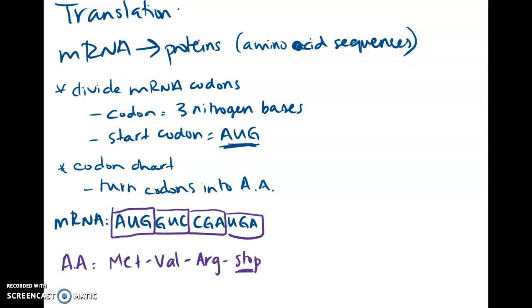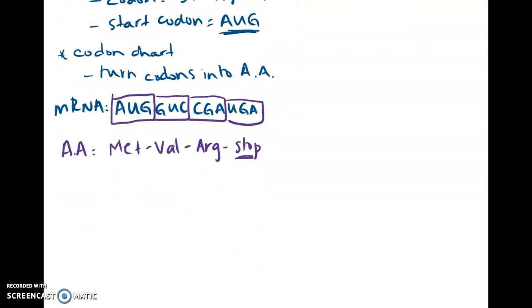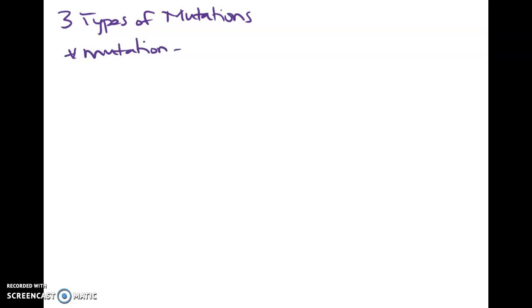Now, what happens if there is a mutation in the DNA? All right, so we are going to go into the 3 types of mutations. And remember, a mutation is any change in the DNA sequence.